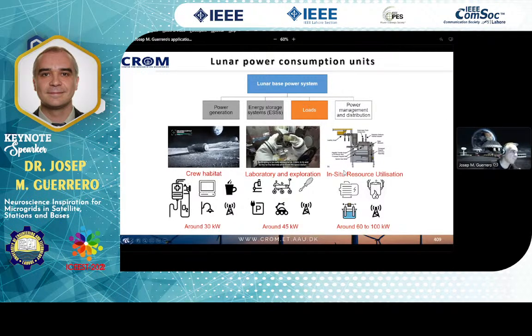The other is laboratory and exploration, so basically rovers, electric vehicles, and so on. And then the in situ resource utilization: how to use the minerals and rocks that we have on the moon and reduce the dependence on Earth. This is also called ISRU, and is the most energy and power demanding.